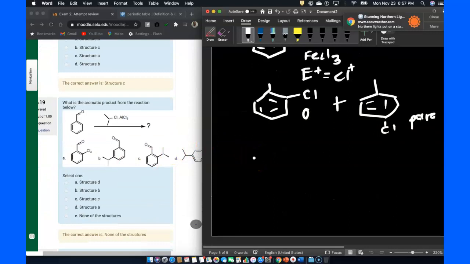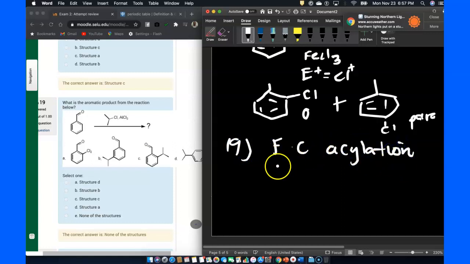So here, question 19, that's a Friedel-Crafts, but it's gonna be acylation. Both acylation and alkylation Friedel-Crafts reactions fail whenever you have electron withdrawing groups present on the benzene.